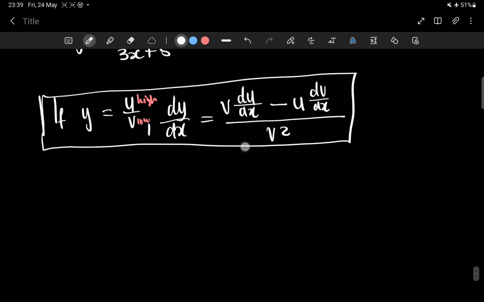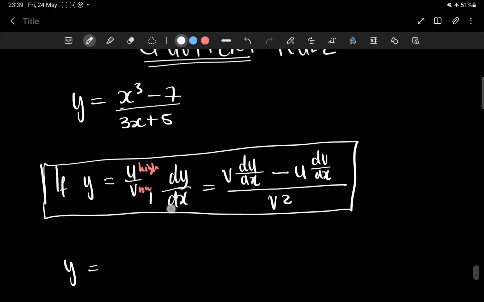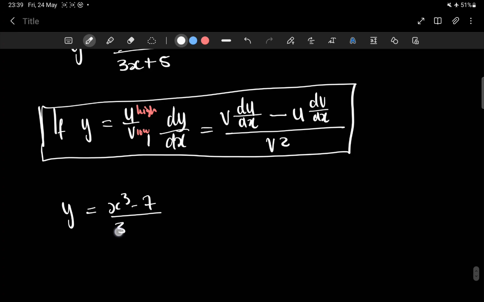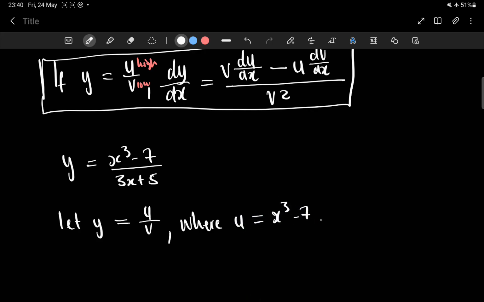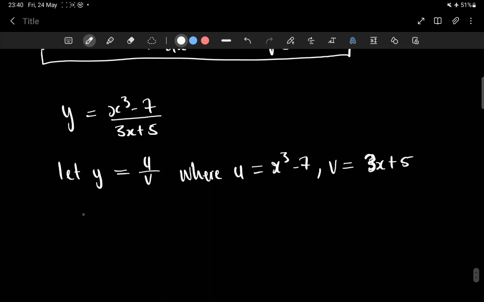So let's do this question. We have y is equal to x cubed minus 7 all over 3x plus 5. You're going to say let y be equal to u over v, where u is equal to x cubed minus 7, which is the top, and v is equal to 3x plus 5, the denominator.